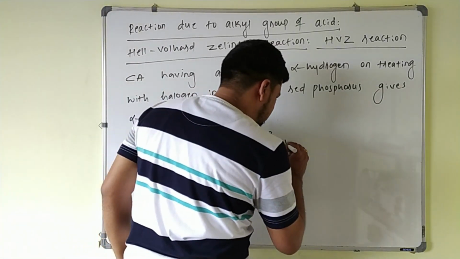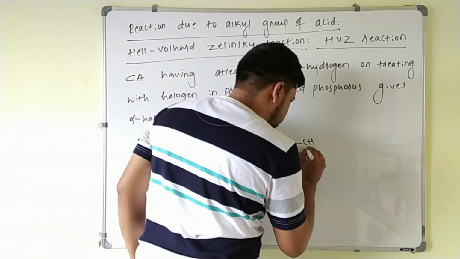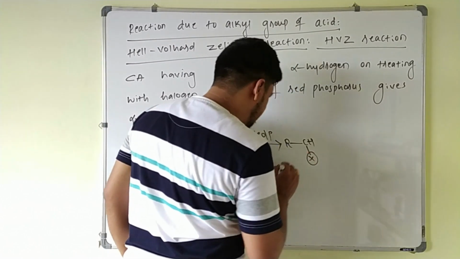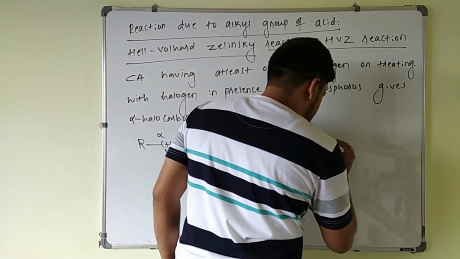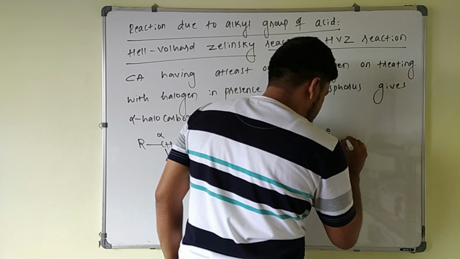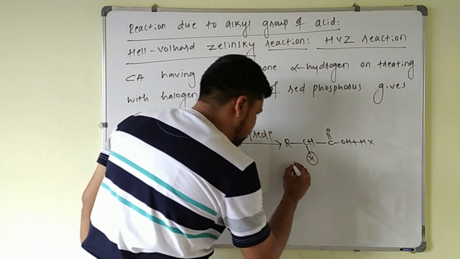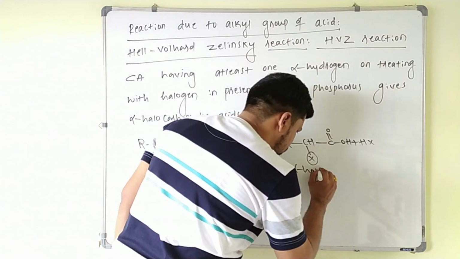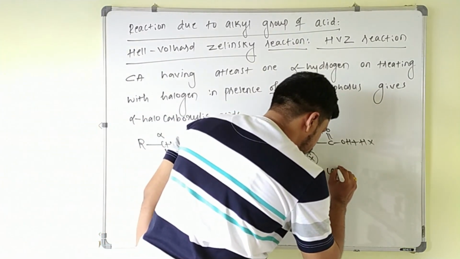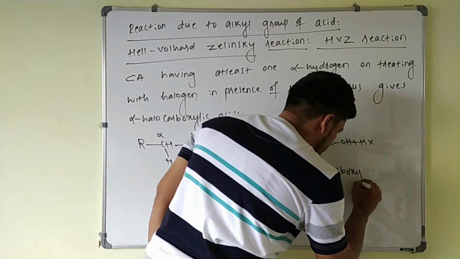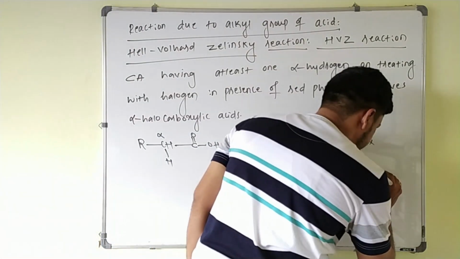So what will be your product here? RCH, here instead of hydrogen you will get a halogen, rest everything is same, X, COOH, plus you will get HX here. So this is your alpha halo carboxylic acid.